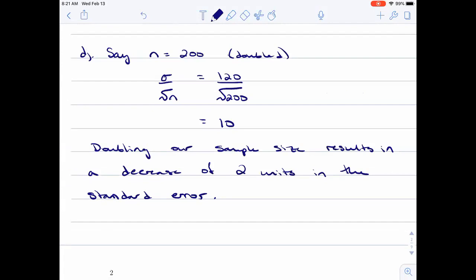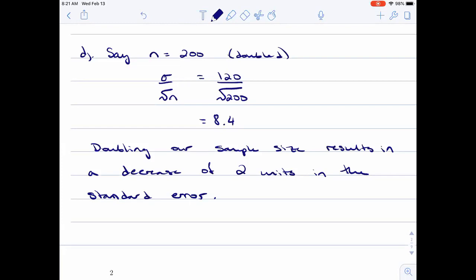Oh, really? Maybe I pressed something wrong. 120. So the square root of 200, I get 14.142. It is 2. Thank you, thank you. Not sure what happened.